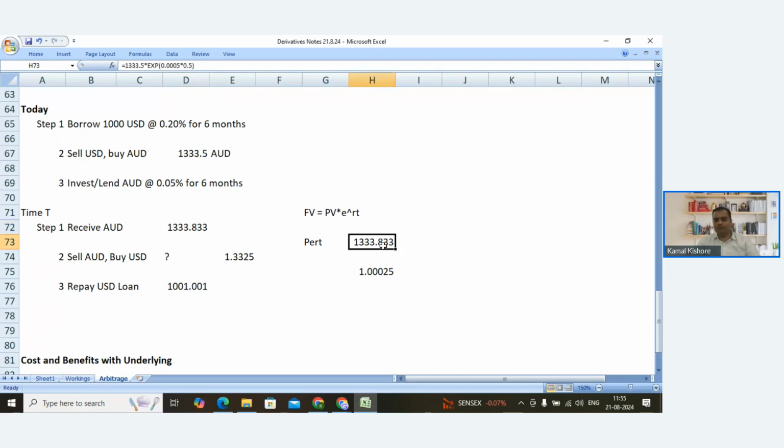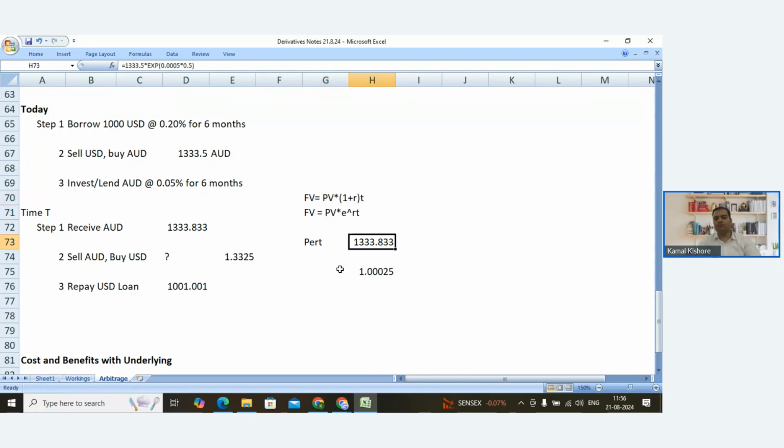So what is the difference between this number and the other number which you got first? First you use FV is equal to PV into 1 plus R the whole power T, discrete compounding.